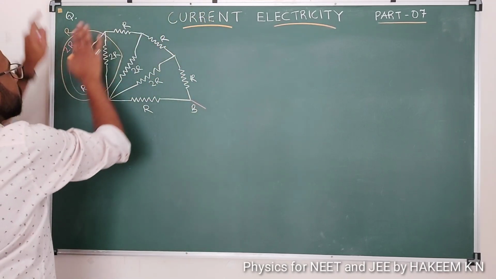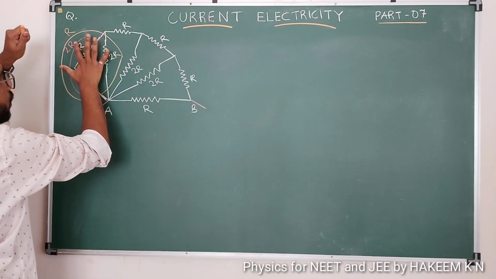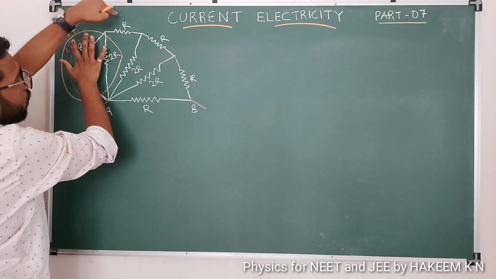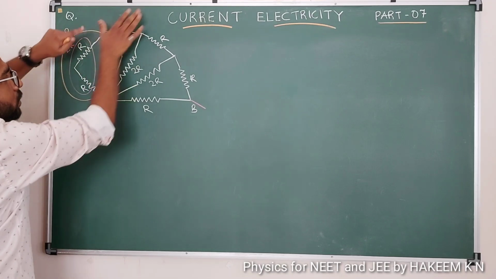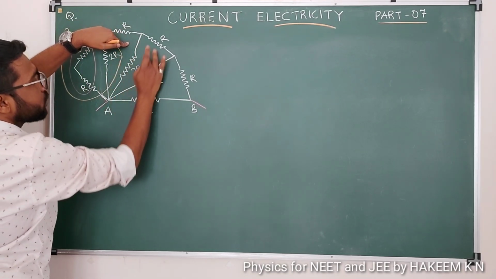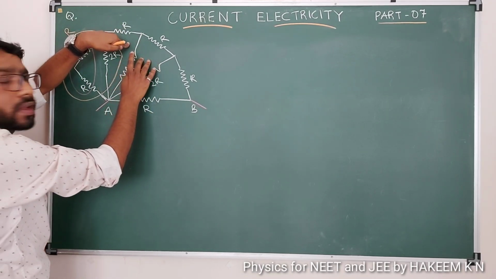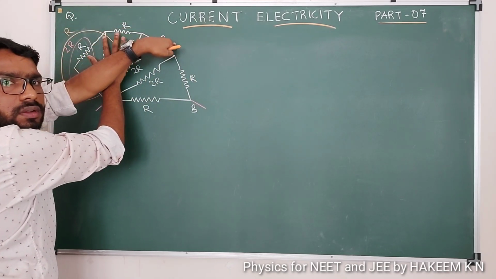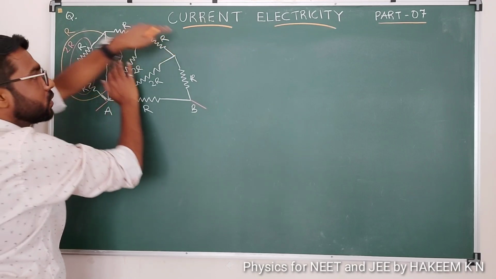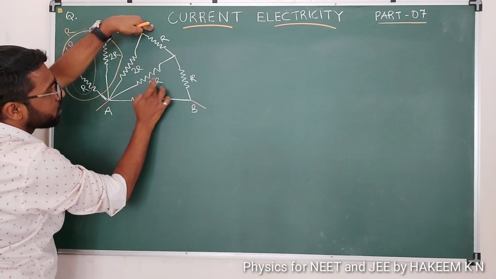Now here overall we are getting R in series, so we will get 2R. That 2R is parallel with this 2R. We will get R. That R is in series with this R. We will get 2R. That 2R is parallel with this 2R.